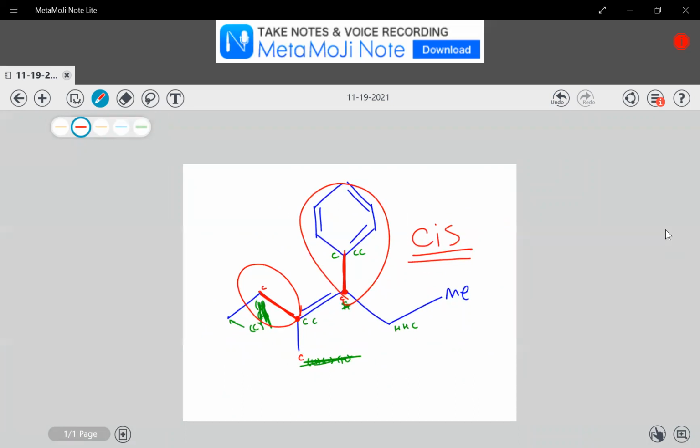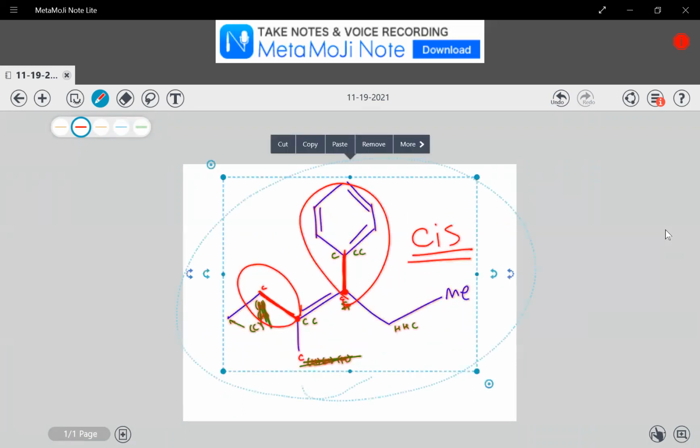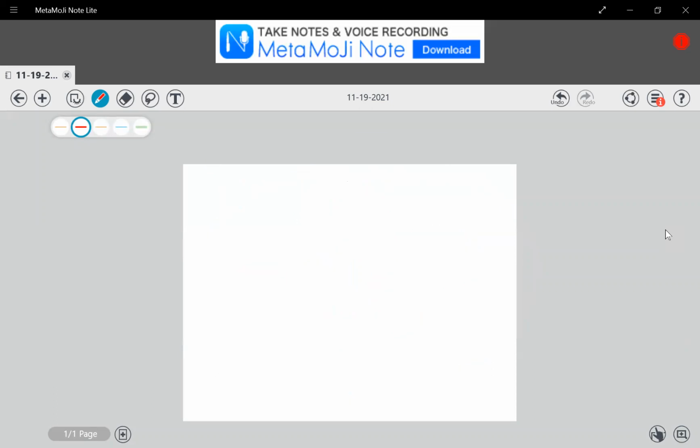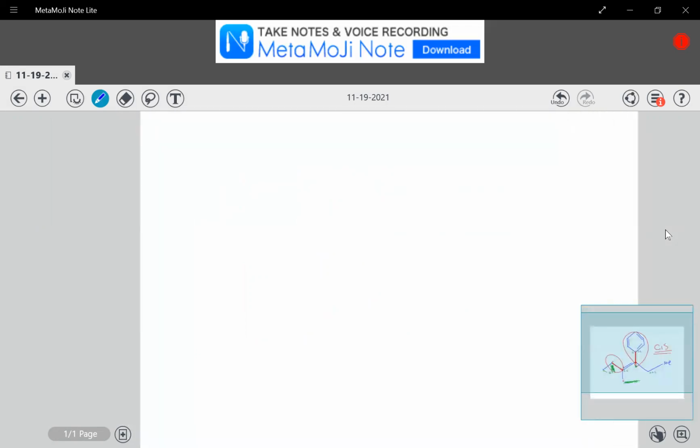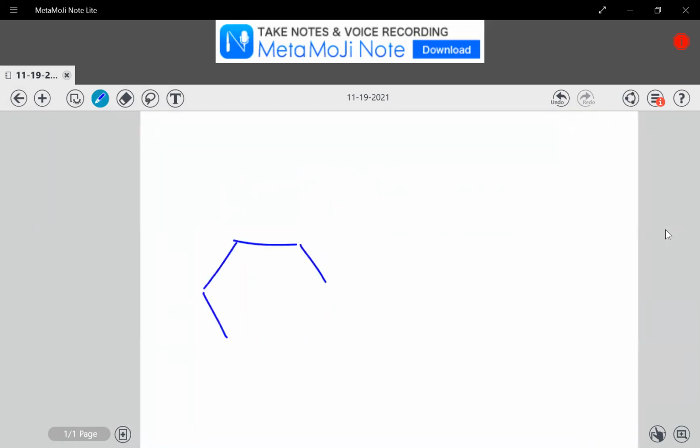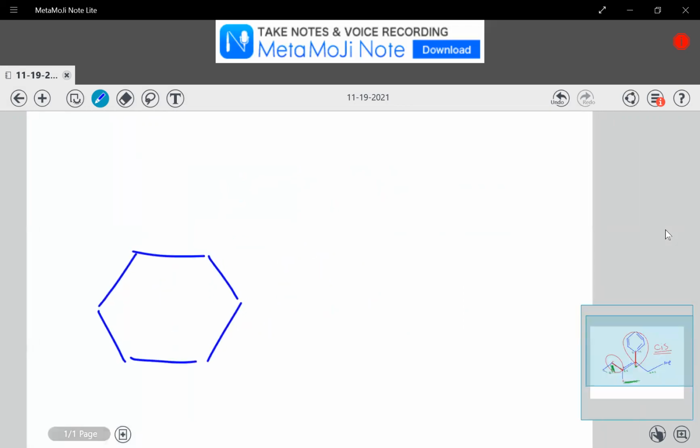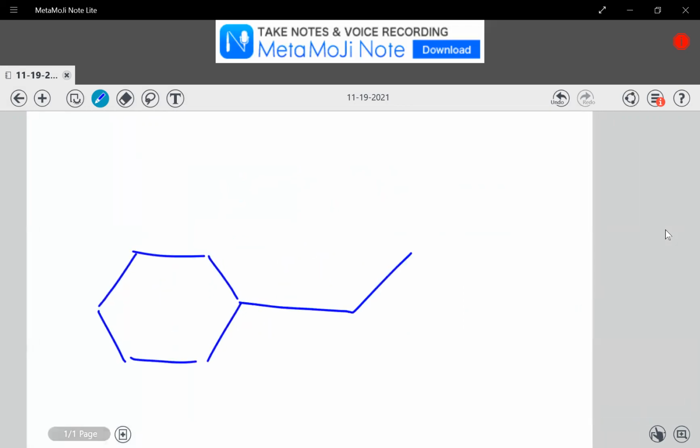Let's look at another example, which, spoilers, will be trans, but at least you get to see how it's done. All right, so let's go ahead and start with a phenol ring. 1, 2. There's our double bond. Where's our chiral center?